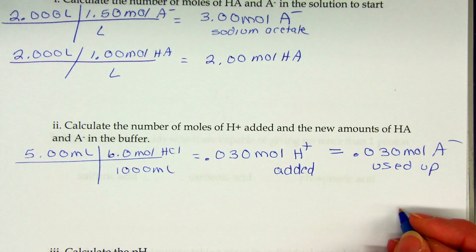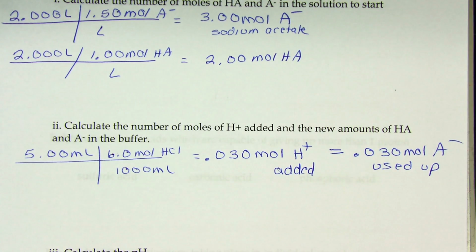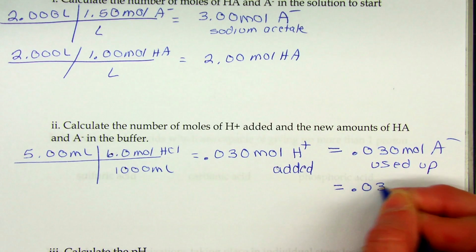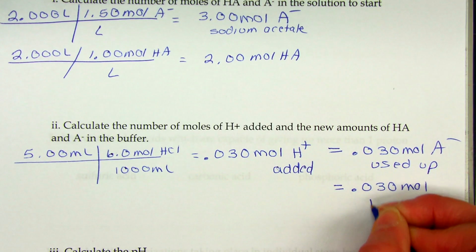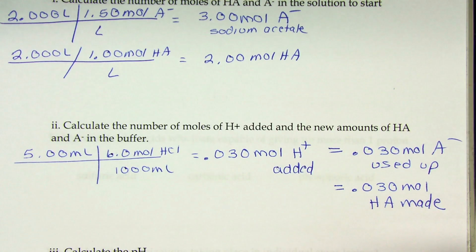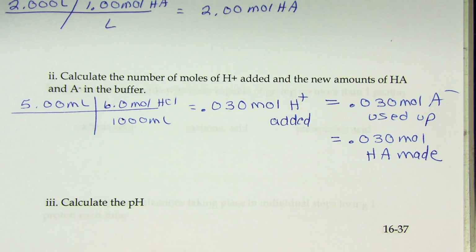Okay, does that make sense? This is the tricky part. That's also equal to 0.030 moles of HA that is made. Okay? Now if you get this, everybody understands that when I dump in the hydrogen ion, it immediately reacts with A- and makes HA.